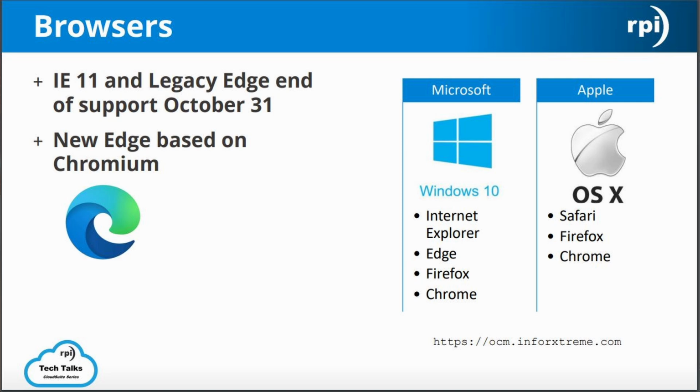So the most frequent way that folks are going to be interacting with your Infor system is through the browser, a web interface. Infor does support the major browsers that are out. The preferred browser from Infor is Google Chrome, but they do have support for Firefox and Edge.